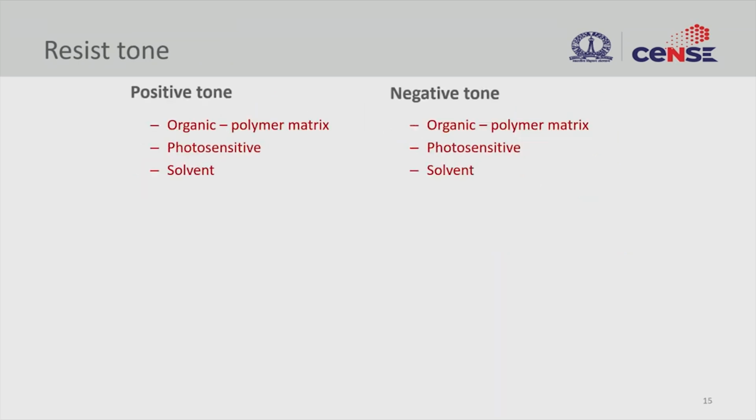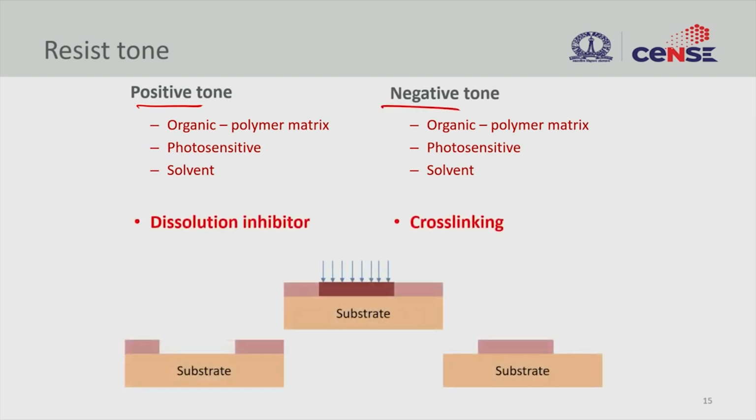And the solubility factor can be classified into two, either positive or negative. So when you take a material and expose it, and the exposed part is removed, then we call it a positive resist. When the exposed part is kept and the unexposed part is removed, we call this a negative resist.